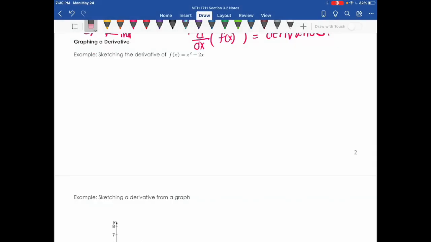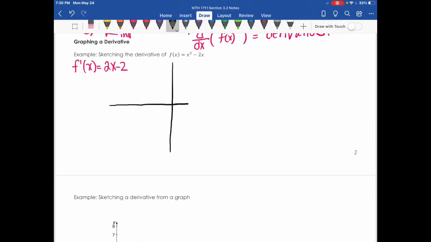Okay, now we're going to talk about graphing the derivative of a function. We know because of a previous example that the derivative of this function is 2x minus 2.